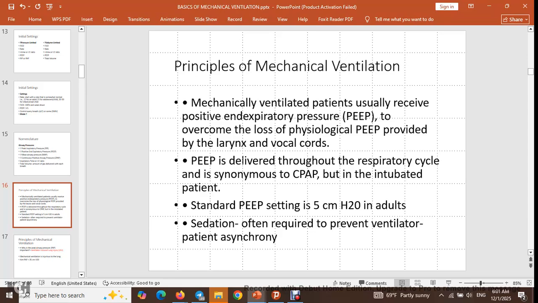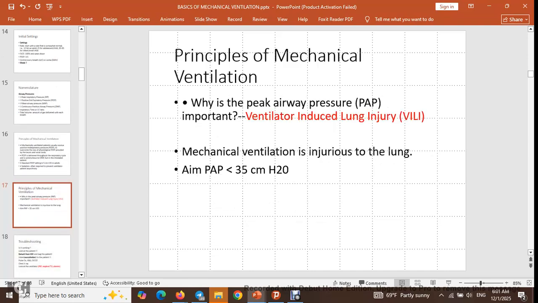PEEP is delivered throughout the respiratory cycle and is synonymous with CPAP, but in the intubated patient, the standard PEEP setting starts from 5 in adults, as I said before. Sedation is often required to prevent ventilator-patient asynchrony, even up to the level of muscle relaxant.